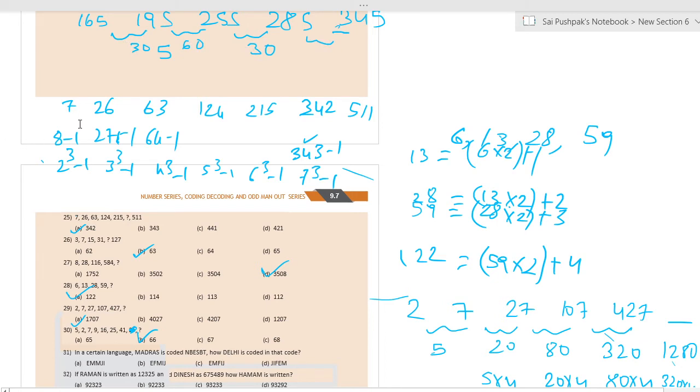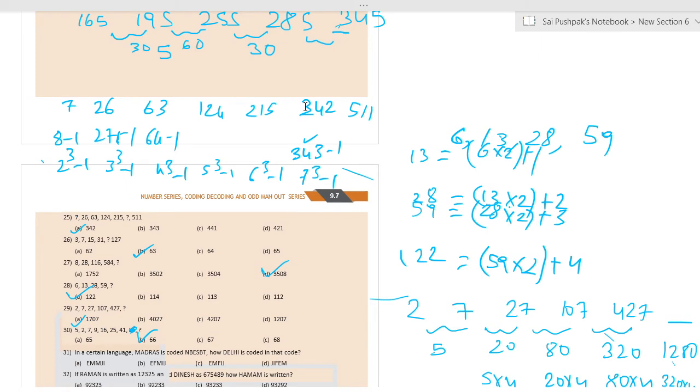Guys, if you see this one, this is a bit typical one, but you should know how this series is done. 7, 26, 63. We can write this as 8 minus 1, 27 minus 1, 64 minus 1. Which is nothing but 2 cube minus 1, 3 cube minus 1, 4 cube minus 1, 5 cube minus 1, 6 cube minus 1. So the series is like that. After 6 cube minus 1 we'll get 7 cube minus 1. What is 7 cube? 7 cube is 343, and 343 minus 1 is 342. So the answer is 342.